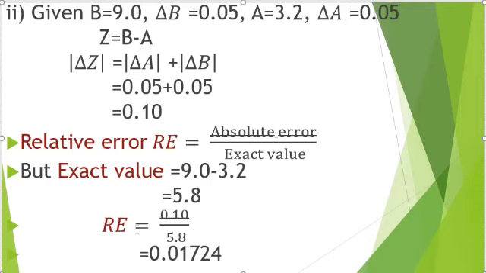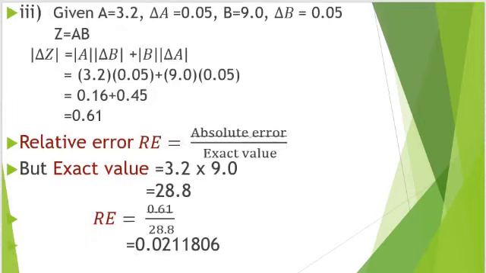Then we substitute in the relative error expression, which is 0.10 over 5.8, giving us 0.01724.